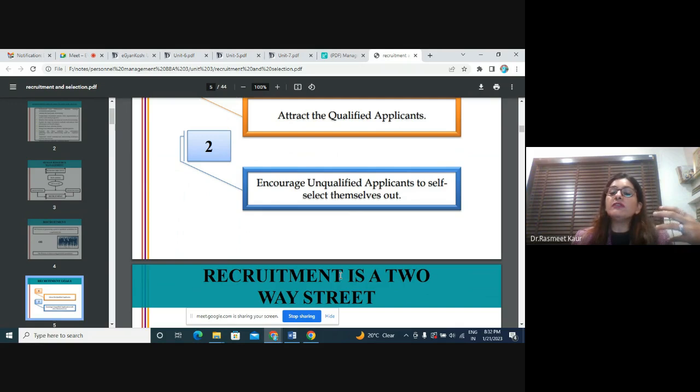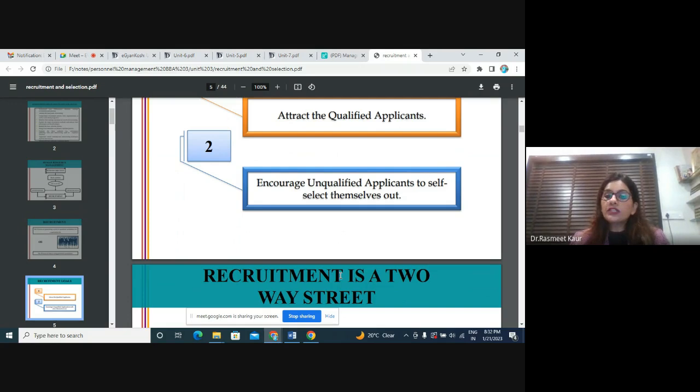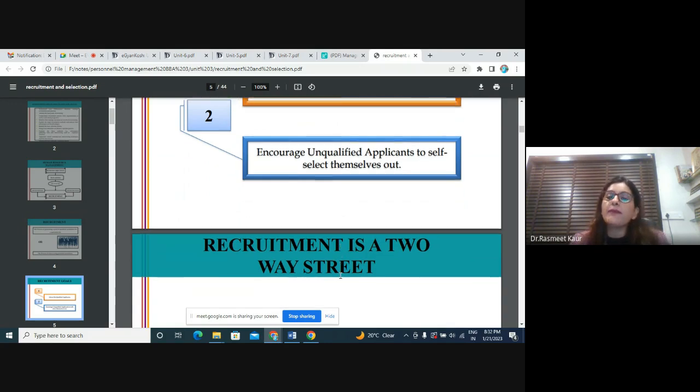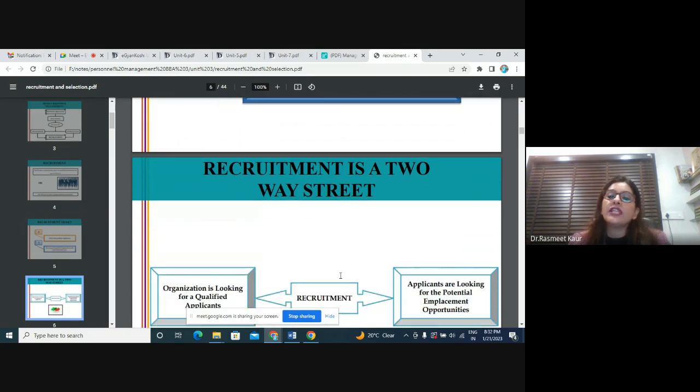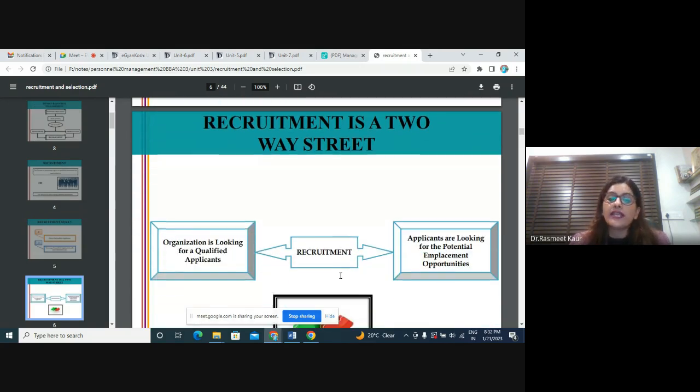So it will save my time. It will give clarity to the applicants, and when the entire recruitment invitation is clear, it will make the process very effective for the management. So recruitment encourages the unqualified applicants to decide themselves that this job is not fit for them and they should not apply for that job in the organization.